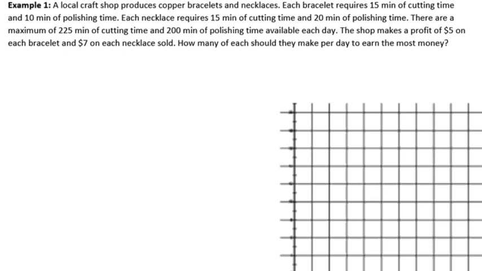The first thing we want to do, according to our steps, create an algebraic model. So we want to define our variables that we're going to use, so our x and y, our let statements here. So let's let x equal the number of bracelets, y equal the number of necklaces. Does it matter if you were to switch those? Absolutely not. Up to you. But we will say let x be the number of bracelets for now.